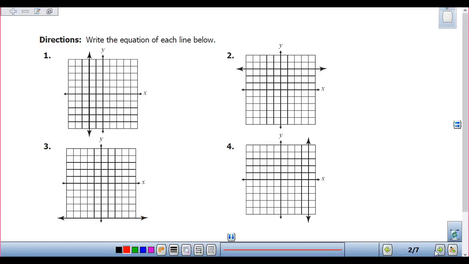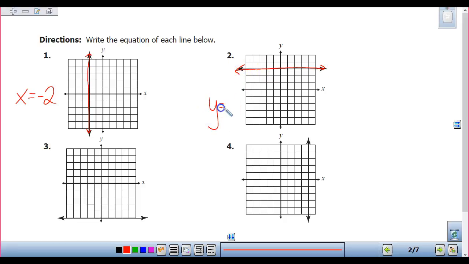So if I'm looking at number 1, a vertical line, is that going to be x equals or y equals? X equals, and what does x equal in this case? -2. Over here, it's a horizontal line, so I'm going to have x equals or y equals?